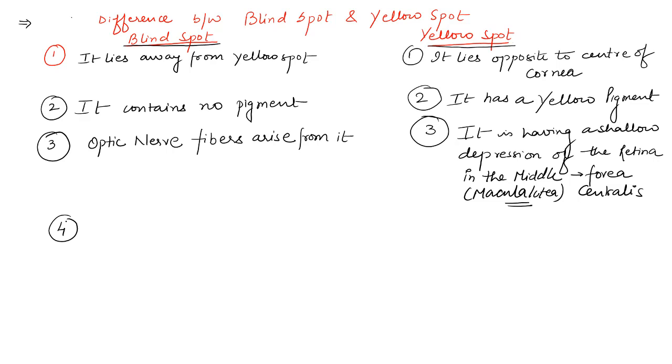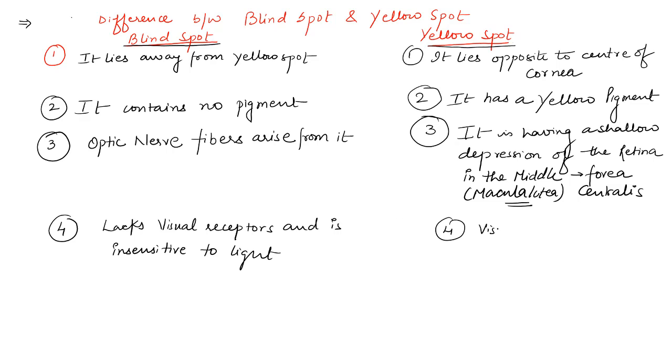Fourth point, the blind spot lacks visual receptors and is insensitive to light. The yellow spot is having visual receptors and is sensitive to light.